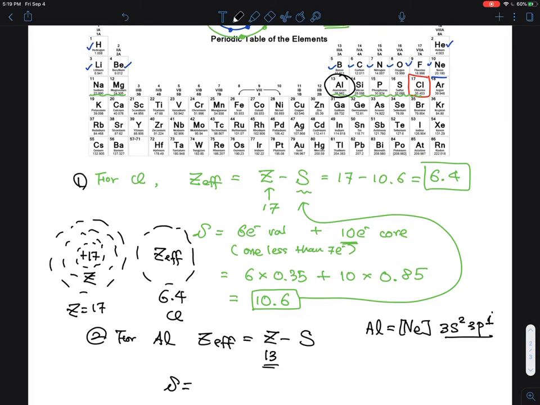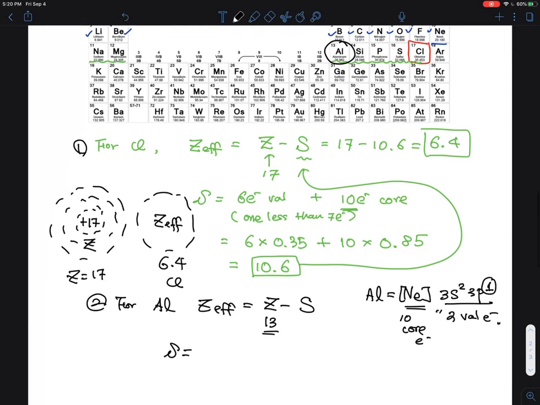Looking at a particular valence shell electron, you have 2 extra valence electrons, plus 10 core electrons.